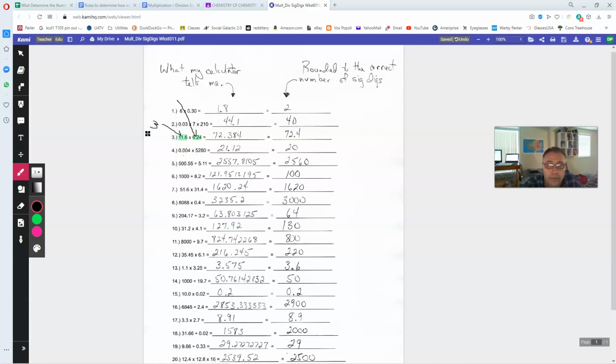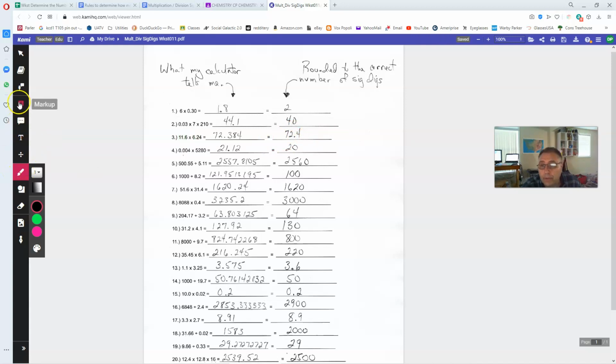There's 3 sig digs. How about the 6.24? Same thing. They're all non-zeros, so that's also 3 sig digs. So our answer will be to 3 sig digs, which means that we're going to keep the 7, the 2, and the 3 and chuck out the 8 and the 4. Right? However, the first digit we're getting rid of, 8, forces the 3 to round up to a 4. So we get 72.4.